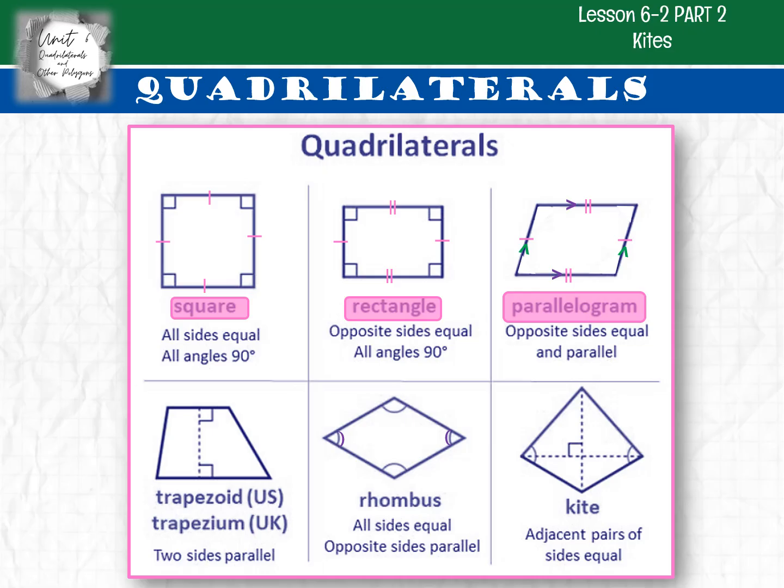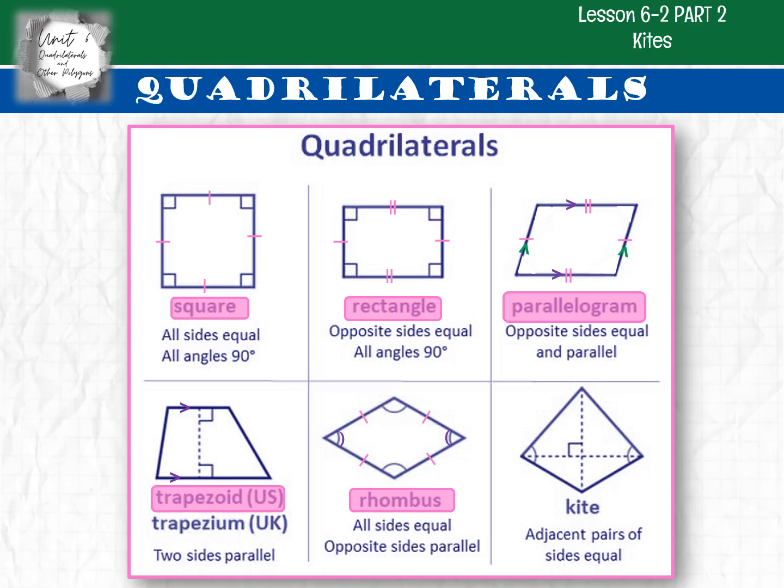one of those sets. Let's see, trapezoid is how we call it. Trapezium is in the UK, but 2 sides are parallel, and that's those 2 right there. A rhombus: all sides are equal to each other. Opposite sides are parallel because it's a parallelogram.